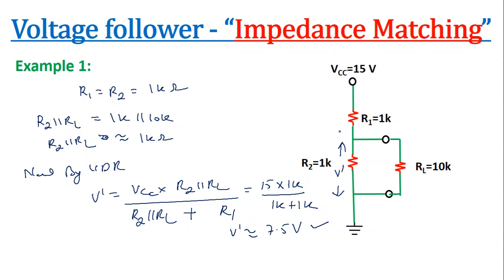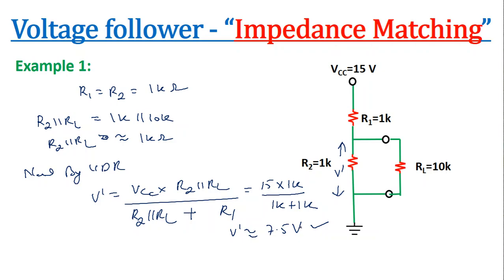So this is one solution. If we change the resistance of the voltage divider, that means the resistance of the source, or we change the resistance of the load, then also we can achieve the desired voltage.